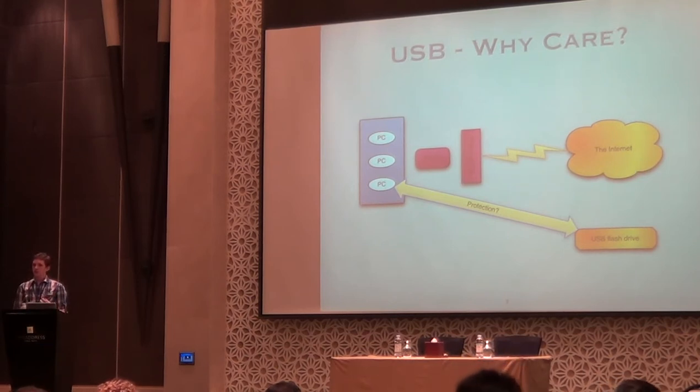But similarly, USB flash drives are a means of data exchange with the outside world that you have no protection against. So people can bring USB flash drives from outside, plug them into their machines at work, and exchange data with the outside world without you having any control over it.